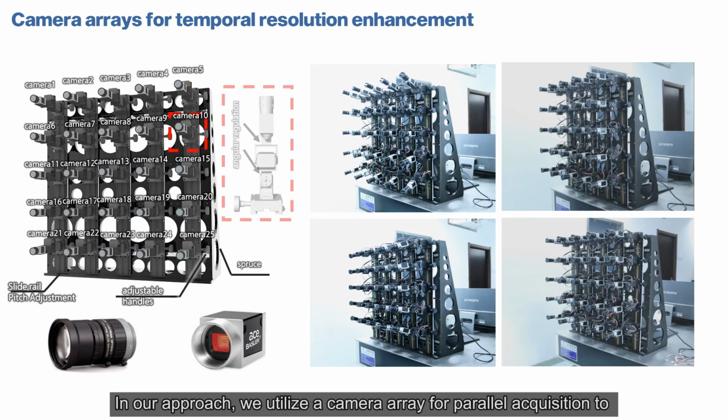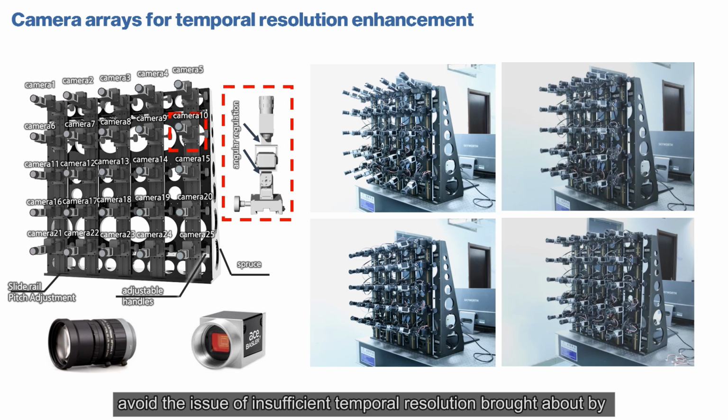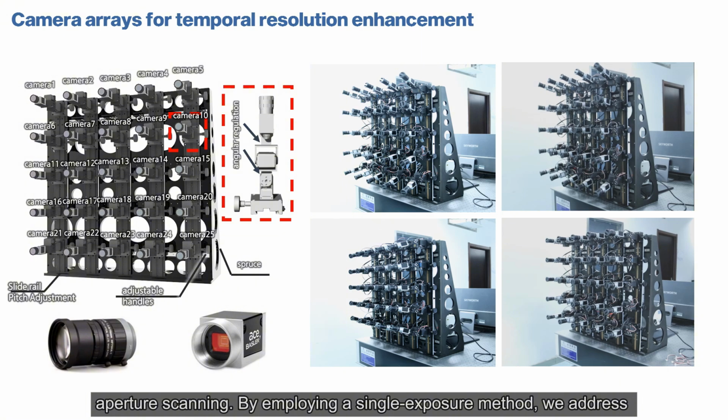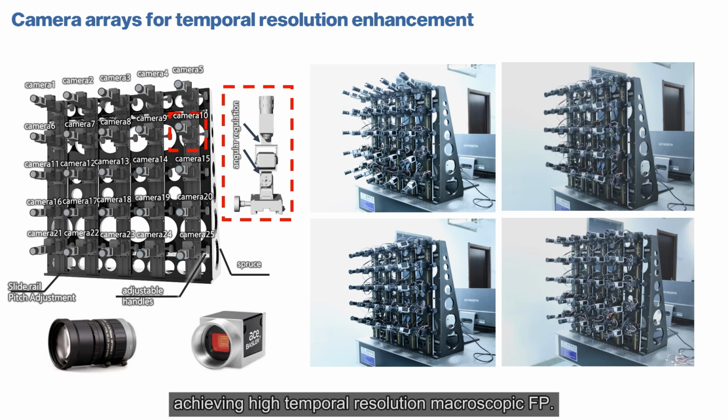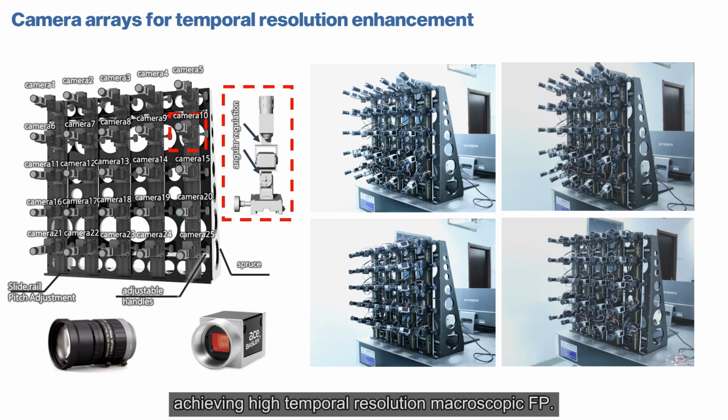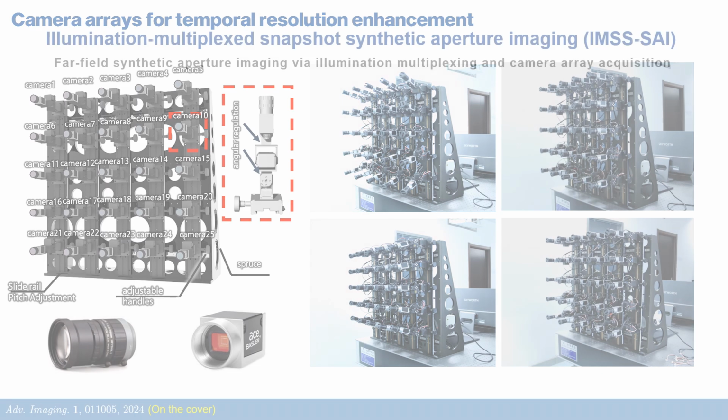In our approach, we utilize a camera array for parallel acquisition to avoid the insufficient temporal resolution brought about by aperture scanning. By employing a single exposure method, we address far-field imaging of moving targets or dynamic scenes, achieving high temporal resolution macroscopic FP.